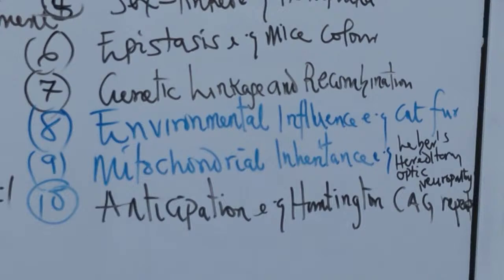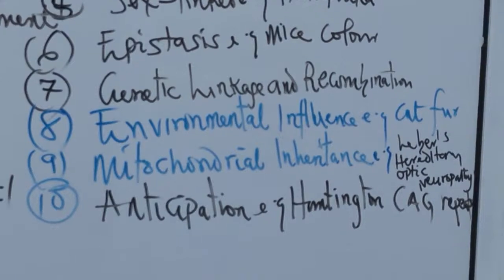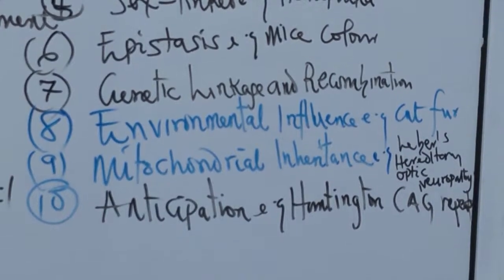It's a kind of disorder that is mainly found in humans, irrespective of whatever the sex could be. So an affected mother will definitely pass it to her own children. It is called Leber's hereditary optic neuropathy, LHON.